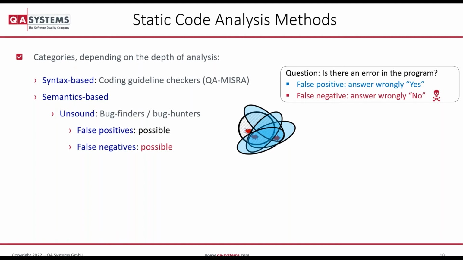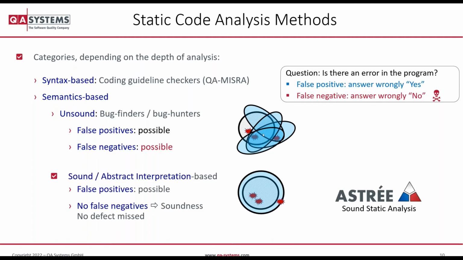Because with a typical bug finder, you will never be sure that you catch all bugs. And therefore, it's important, and that's what we propose, to use a sound analyzer. It's called sound because it's based on an abstract interpretation of the source code, and therefore false positives are still possible, but they are quite rare.